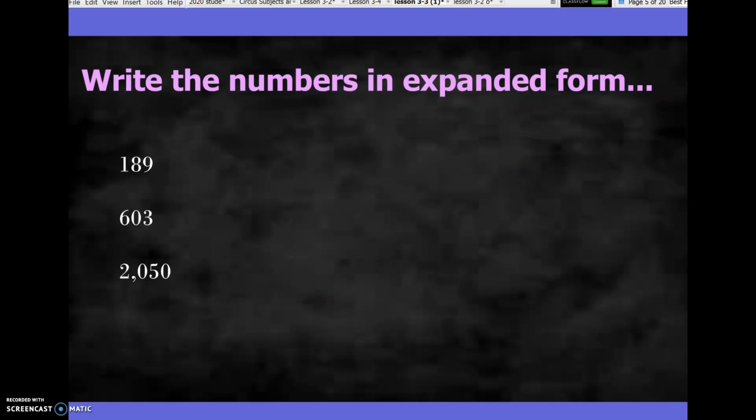Okay, so for expanded form with 189, that 1 is in the hundreds place, it's 100. That 8 is in the tens place, it's 8 tens, so it's 80. The 9 is in the ones place, it's just 9 ones, so plus 9. So 189 in expanded form is 100 plus 80 plus 9.